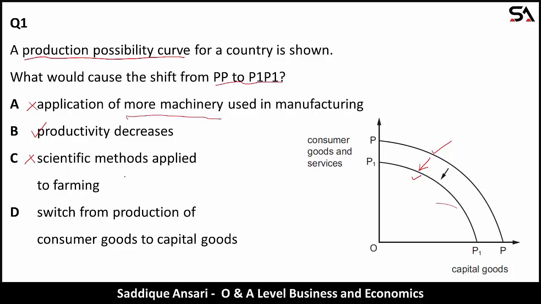Switch from production of consumer goods to capital goods. Capital goods are more productive. This will increase capital stock, and hence PPF will be shifted outwards. So this cannot be the answer. Hence our answer is B. Let's move to the next slide.